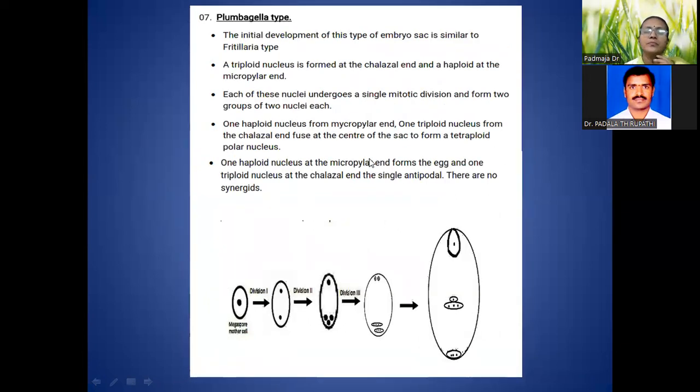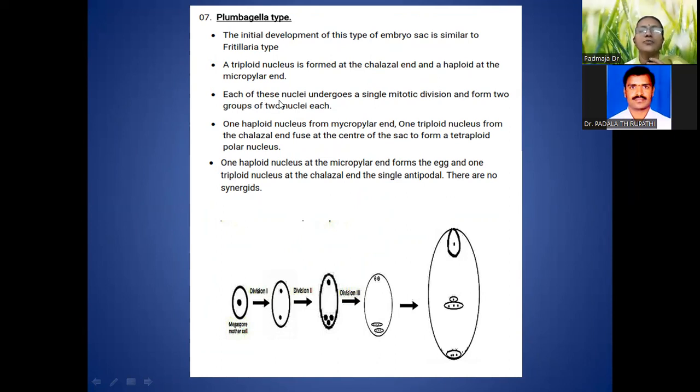Next, Plumbagella type. This Plumbagella type is just like the Fritillaria, and the initial development of this type of embryo sac is similar to the Fritillaria type. A triploid nucleus is formed at the chalazal end and the haploid at the micropylar end, just like the Fritillaria.